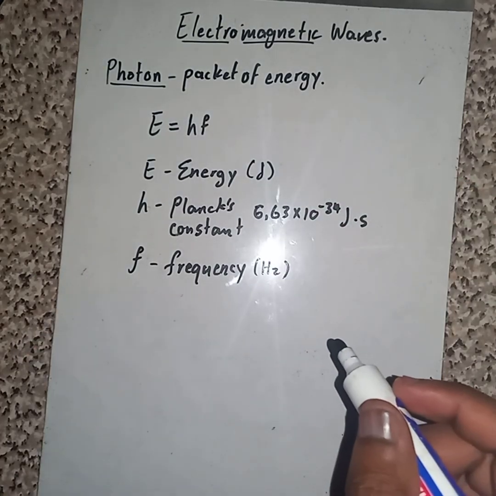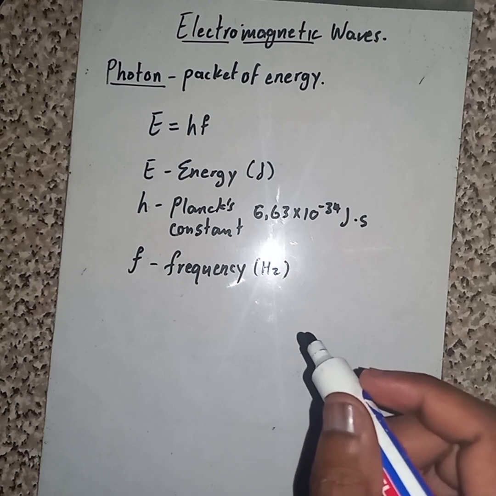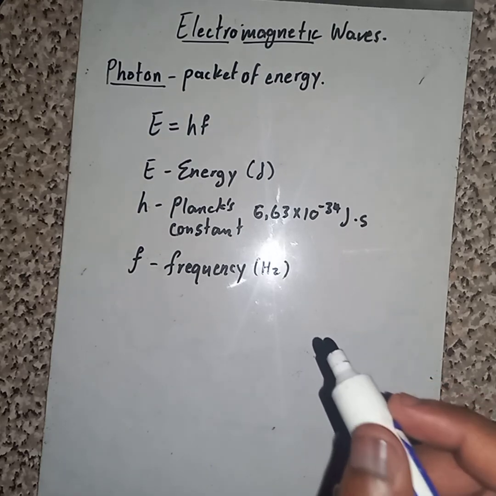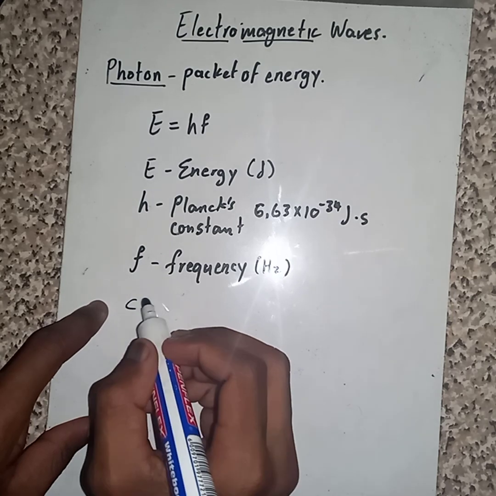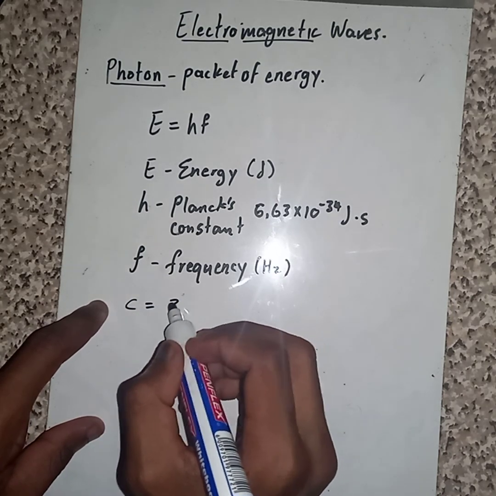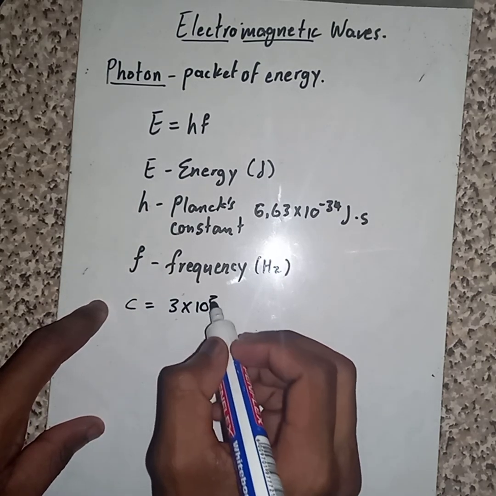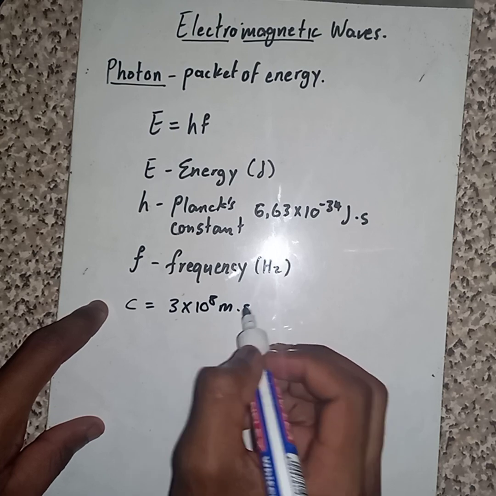Bear in mind that for all electromagnetic waves, the speed of light is always 3 times 10 to the power 8 meters per second.